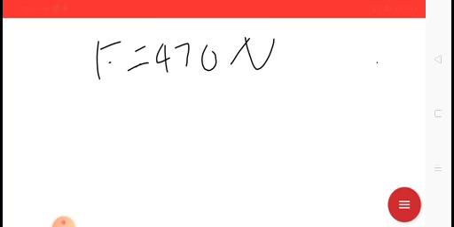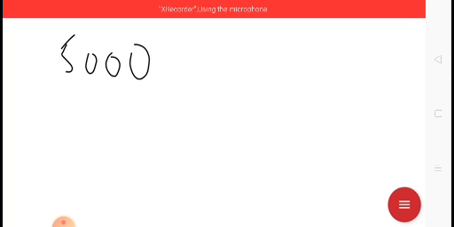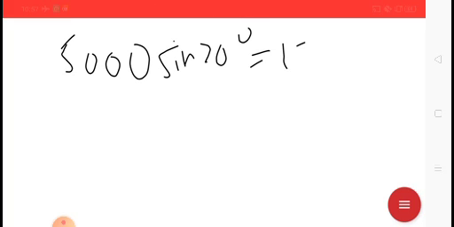We will use the first one here. 5,000 sin 20 is equal to 1710 Newton.